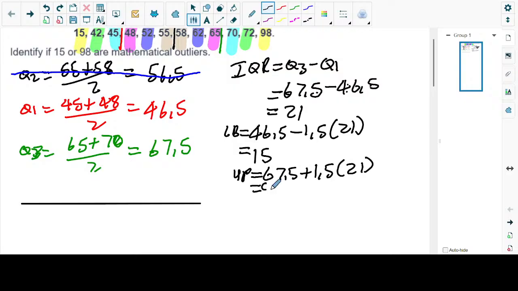The answer is 99. Okay. So then our lower boundary is 15 again, and then the upper boundary is 99. So now we're gonna check if 15 and 98 are the outliers.